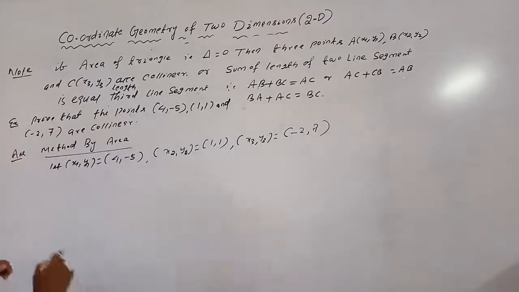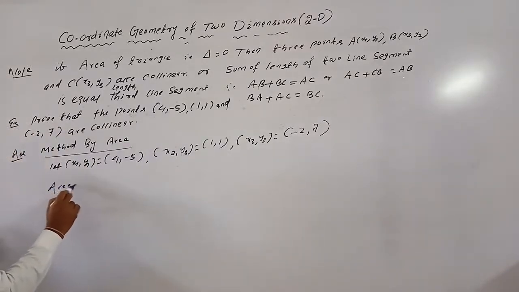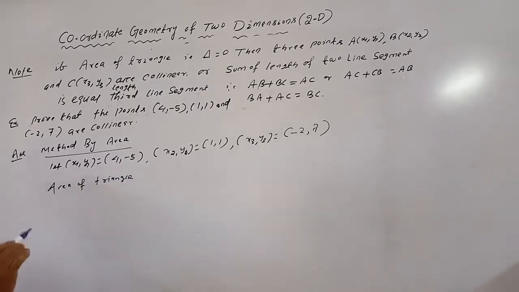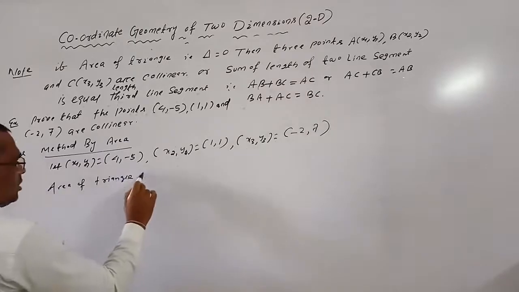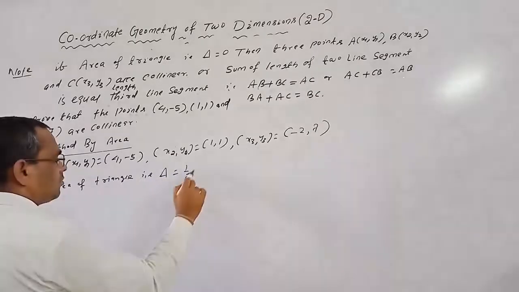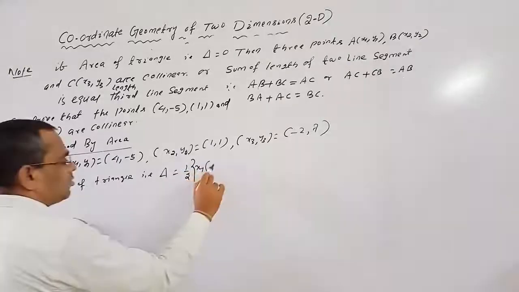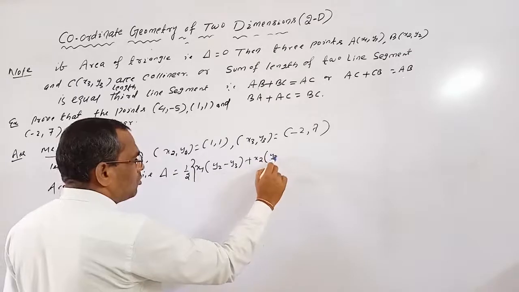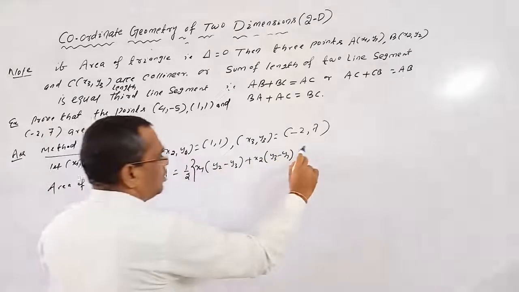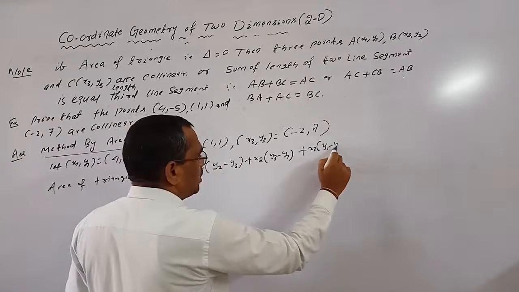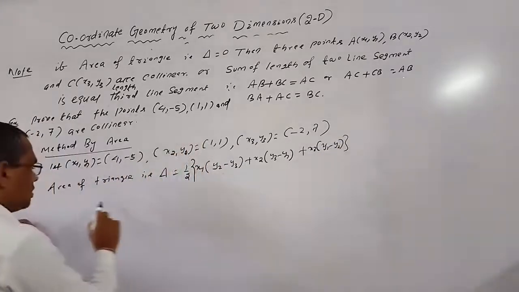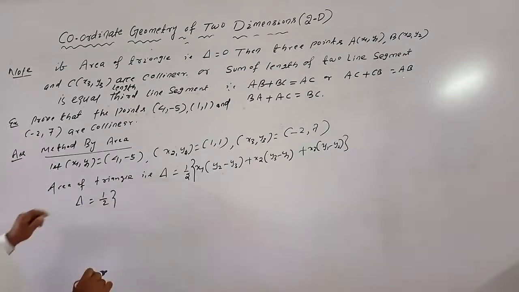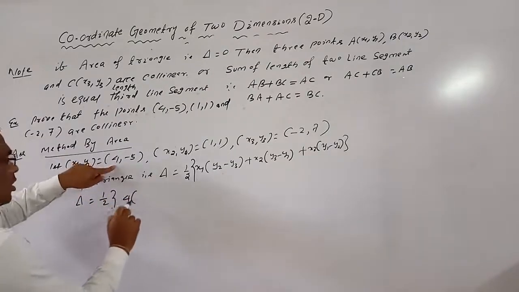You know the area of a triangle whose vertices are (x1, y1), (x2, y2), (x3, y3), that is delta, equals half into x1 into (y2 minus y3) plus x2 into (y3 minus y1) plus x3 into (y1 minus y2). So delta equals half into x1, so x1 means 4, into the y coordinate difference.